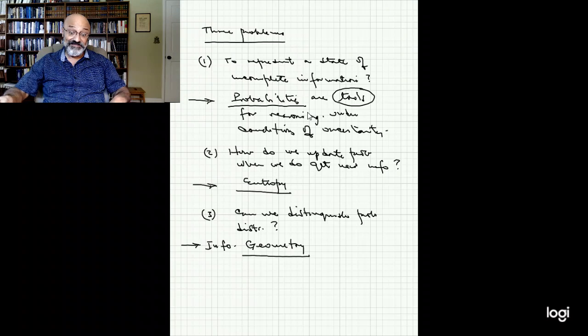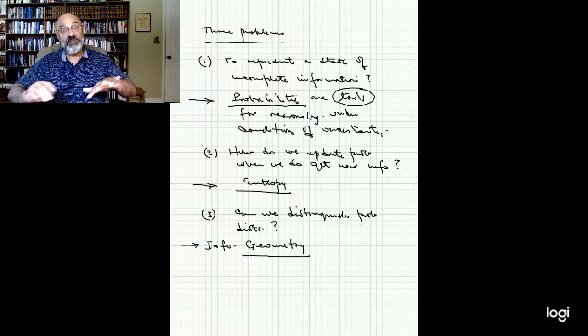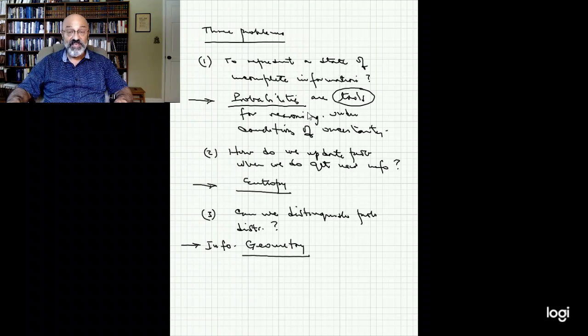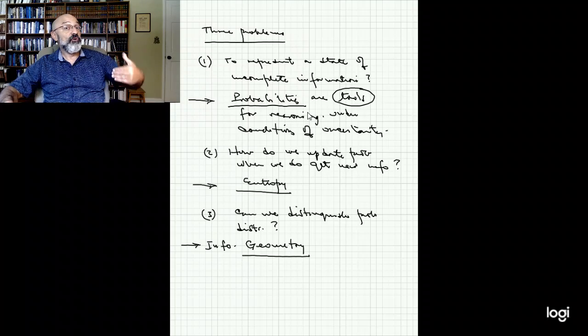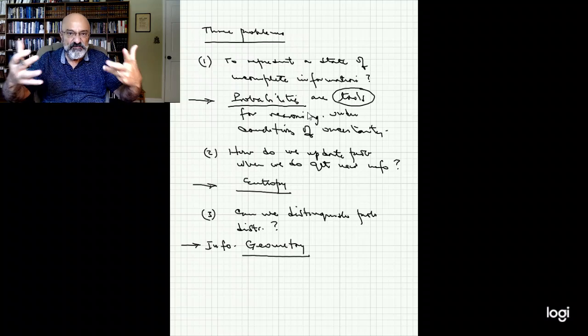And the main purpose of this course is precisely to argue that, yes, the reason we have probabilities in statistical mechanics and in quantum mechanics is because we are reasoning with incomplete information. The reason we have entropy all over the place when we're doing physics is because we're trying to incorporate information into those probabilities to have better probabilities.